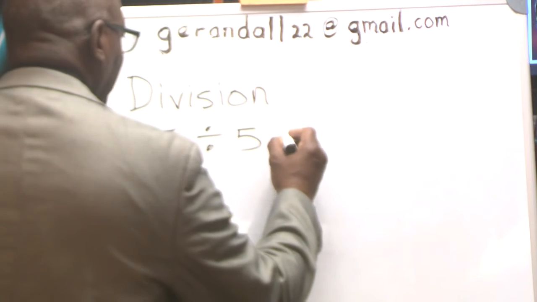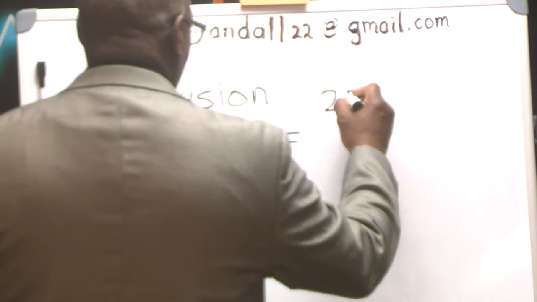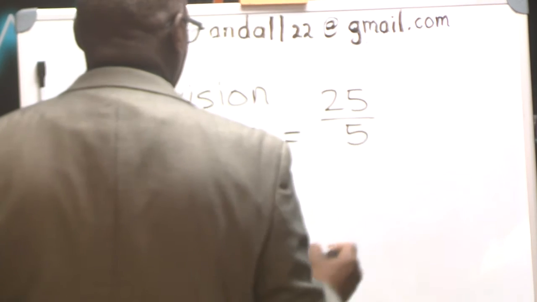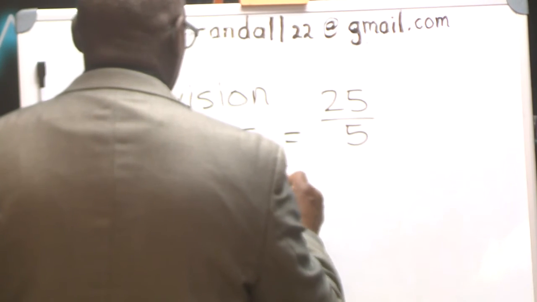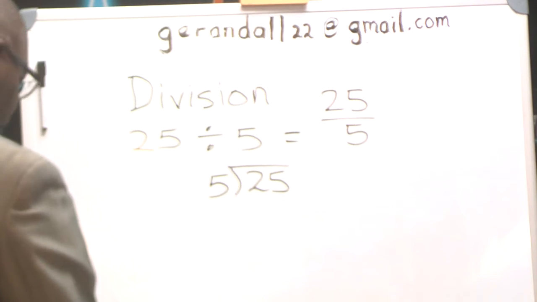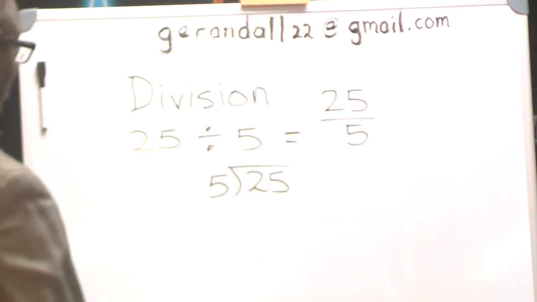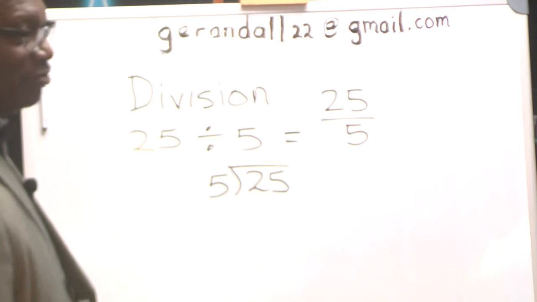This says 25 divided by 5. This says 25 divided by 5. This says 25 divided by 5. And what is it asking you? How many 5s can you get out of 25 without going over?